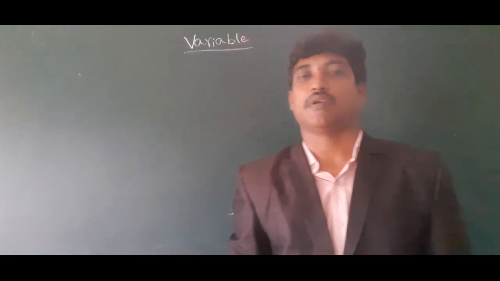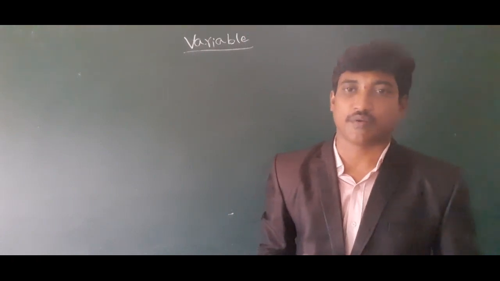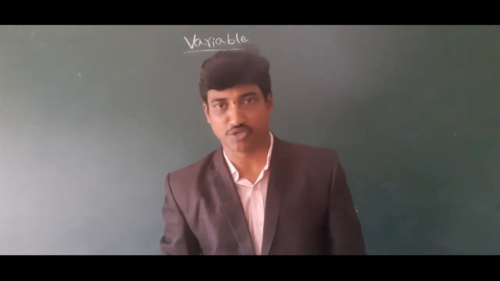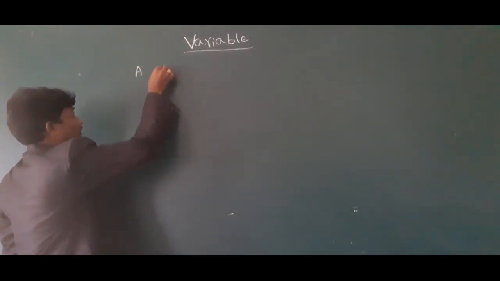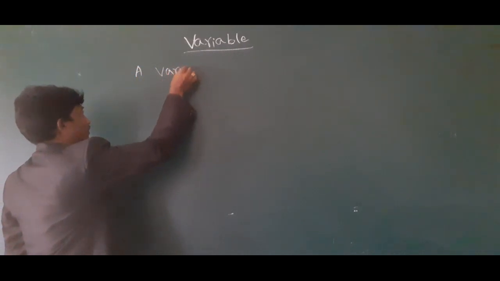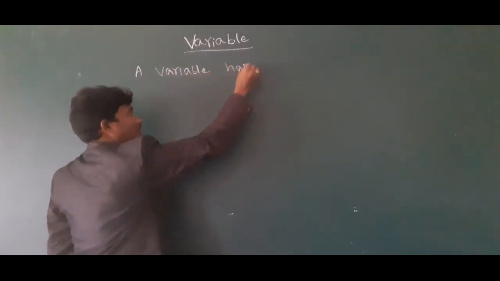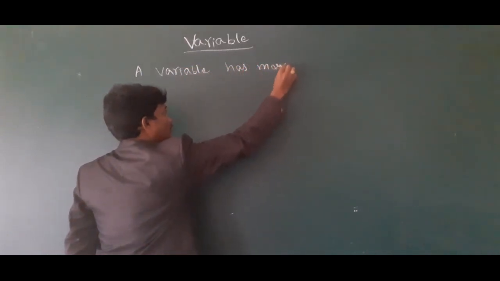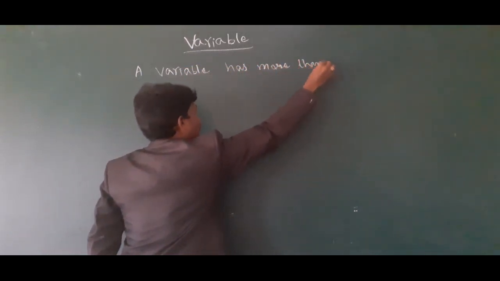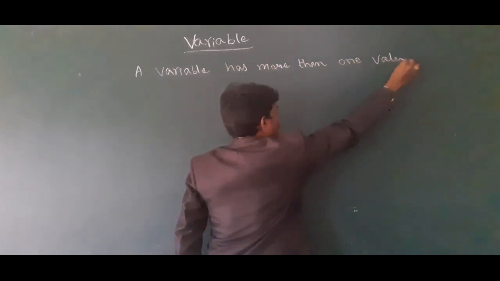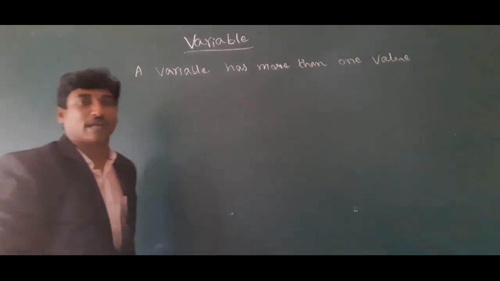A variable has more than one value and each value can be observed.